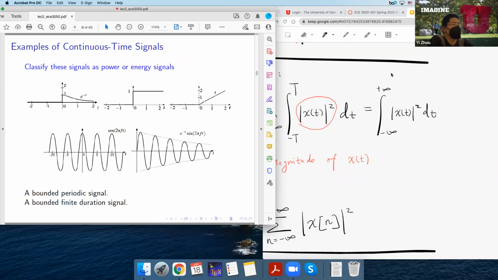It is not an energy signal because the signal will last forever, starting from 0. So when you do this integration, it is going to diverge.